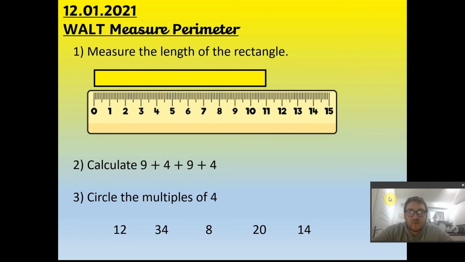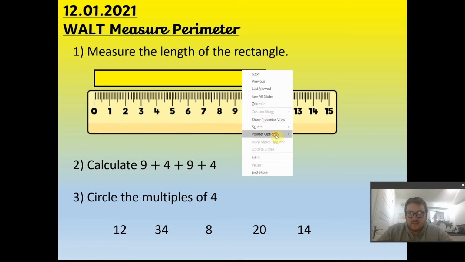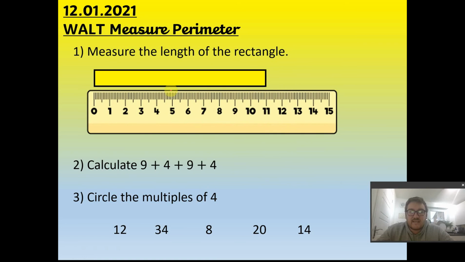So just to recap over what we got on with yesterday, when we're measuring, we need to count from wherever that object or toy or shape is. So some of you yesterday, let's say, I think it was the boat, for example, was starting at 5 and it ended at 17, some of you were counting from a different number, or perhaps when you were counting you just skipped a few.